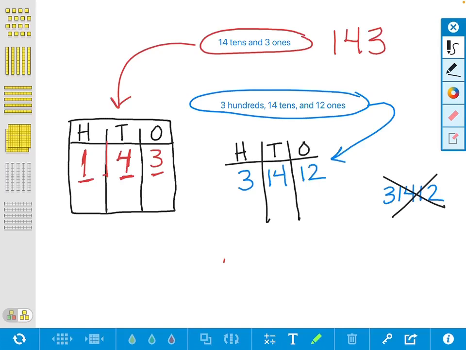It means I'm going to have to move some of these numbers over and add them to the next column. That's regrouping. I'm just regrouping. Remember when I took the 10 10s, I smushed them together and made 100 out of them? Well, I can do that same thing with that 10. This 10 of the 14 10s can actually move over into the hundreds place. I see that there's already 3 hundreds there.